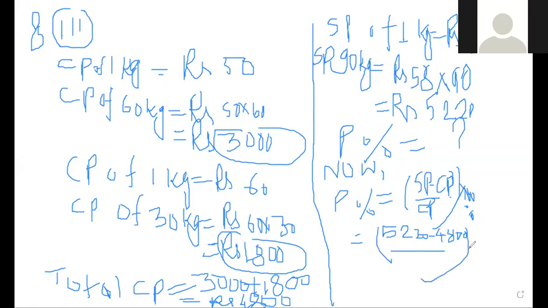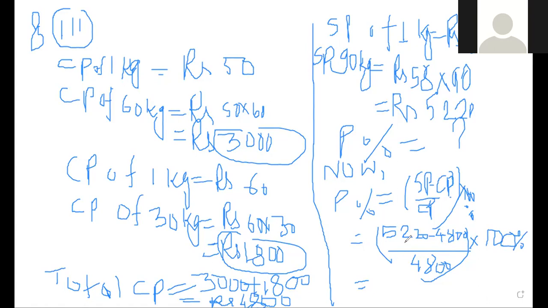Now look here. First of all, subtract. How much will you get? 5,220 minus 4,800.